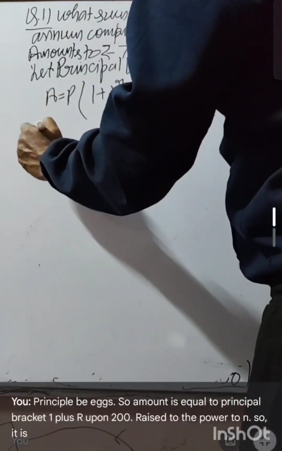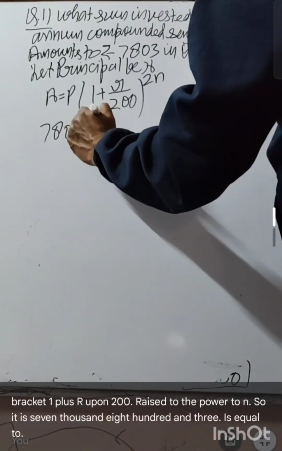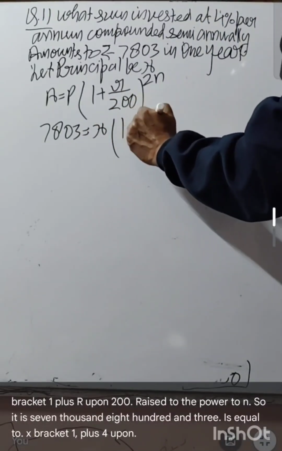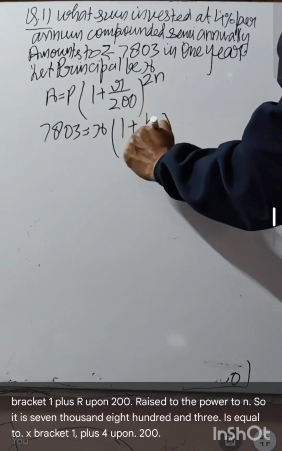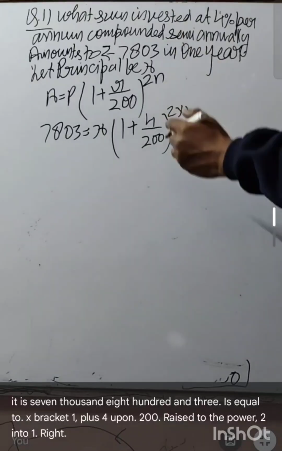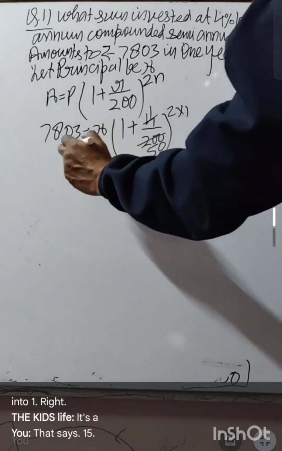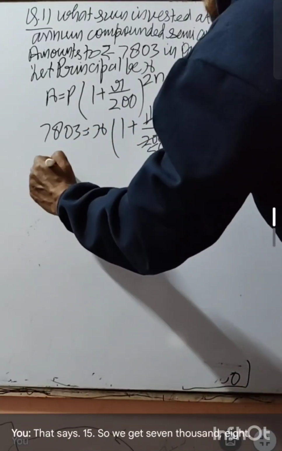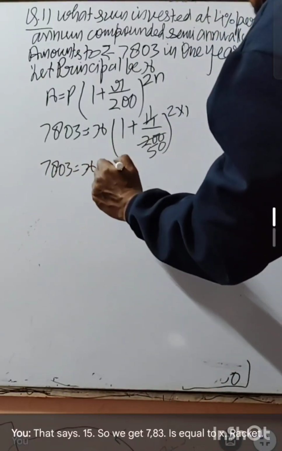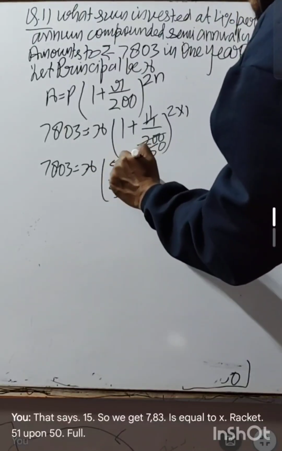So 7803 is equal to x into bracket 1 plus 4 upon 200 raised to the power 2 into 1, right? This is 1 plus 1 upon 50, so we get 7803 is equal to x into bracket 51 upon 50 whole square.